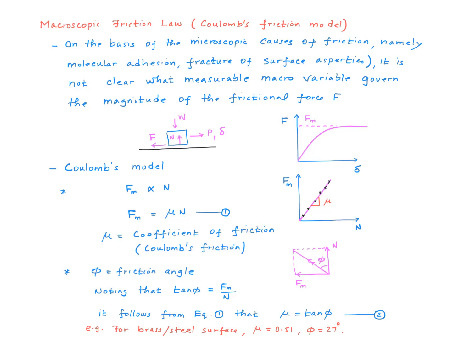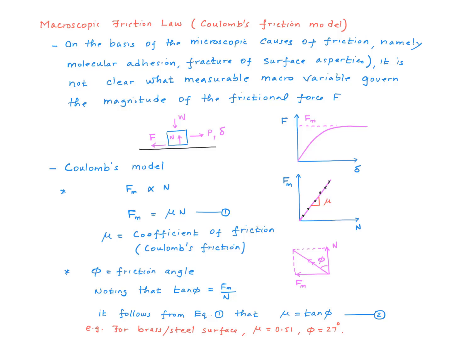We're just plotting the macroscopically measurable force F against the macroscopically measurable N. So this is a macro model, a macroscopic model. This straight line can be represented by this equation where mu is the coefficient of friction. And this model is what is called Coulomb's model.